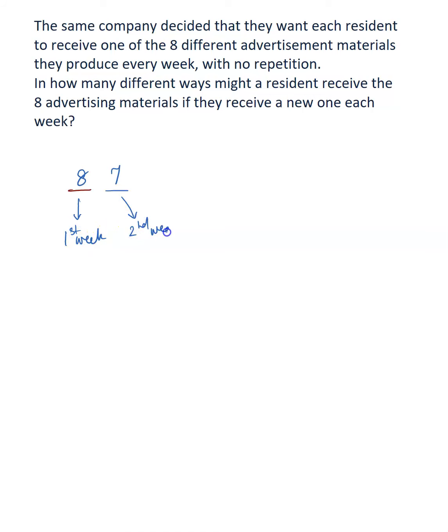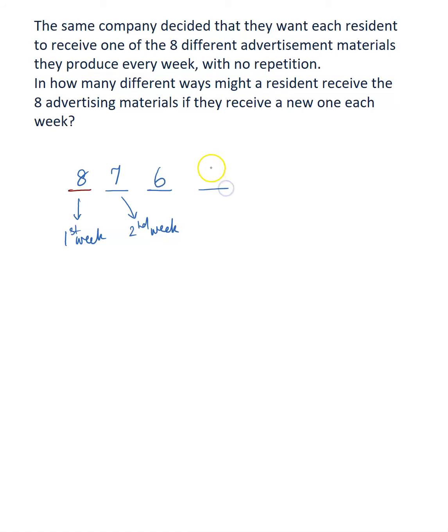What this problem differs from the previous one in is that there they made sure that there were only 4 weeks and they were trying to send out different advertisement materials. But here we don't have that restriction. So you see that now out of the 7, we only have 6 for week 3 because we've already used 2 of these advertisement materials in the first 2 weeks.